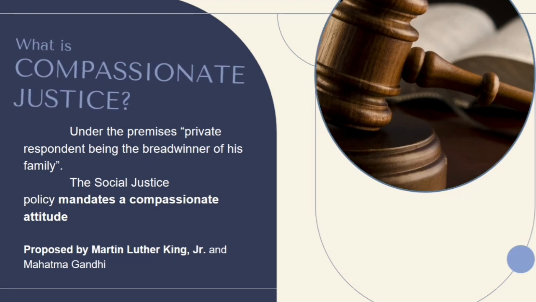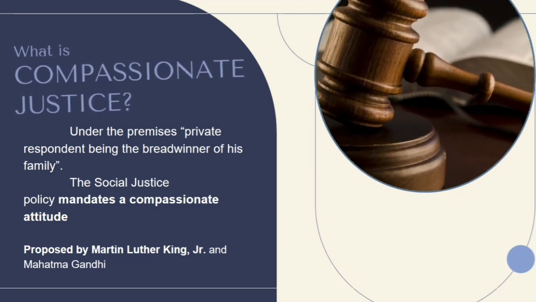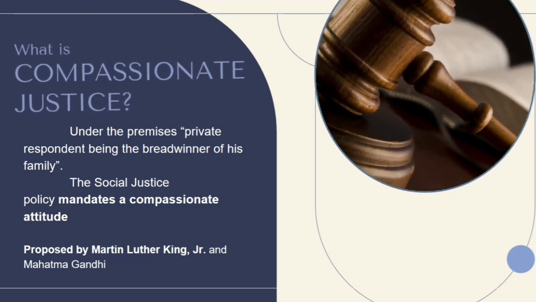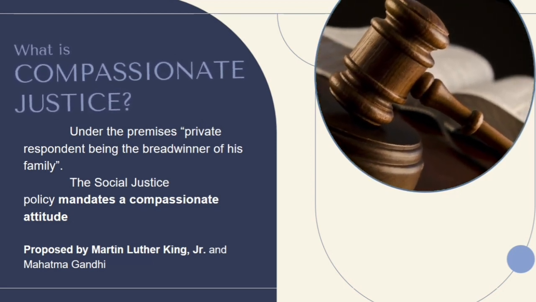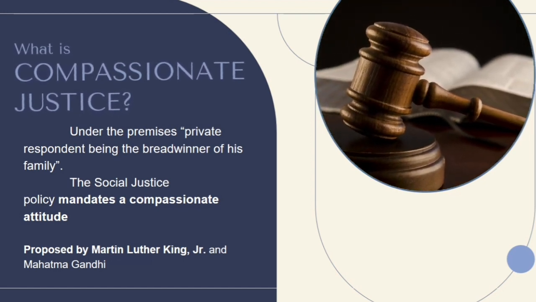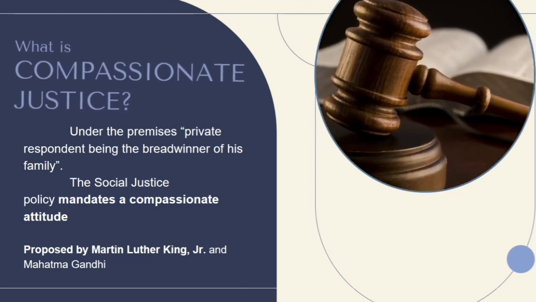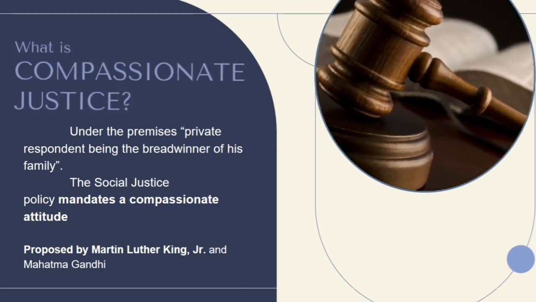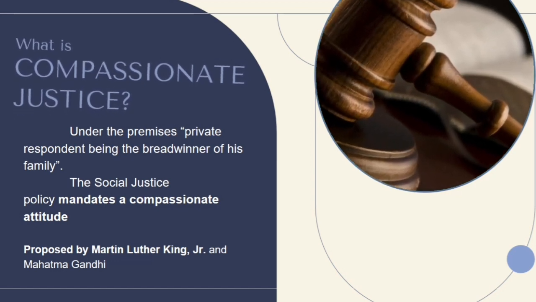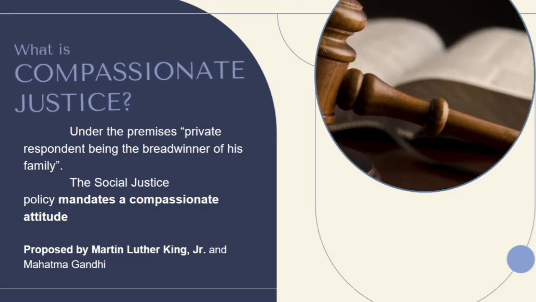So by this class, in consonance with the purpose of fostering social justice as the underlying principle in labor laws, courts and labor tribunals utilize compassionate justice in its decisions and rulings by disregarding certain rigidities in the rules and giving considerable weight to all possible equities in each case.